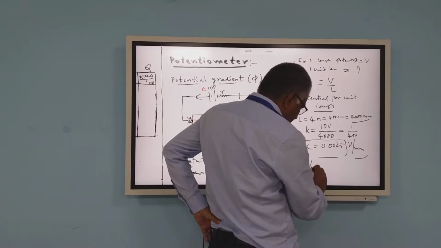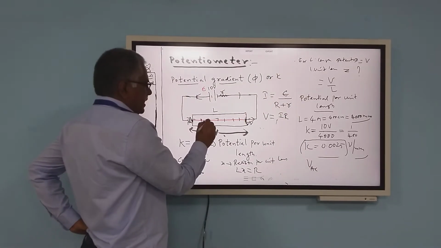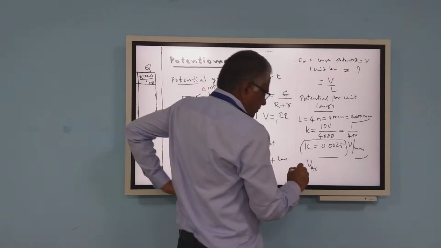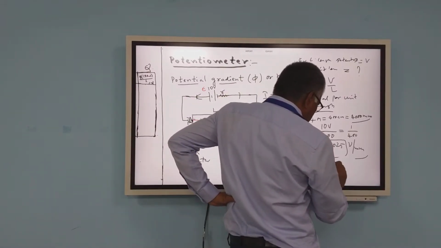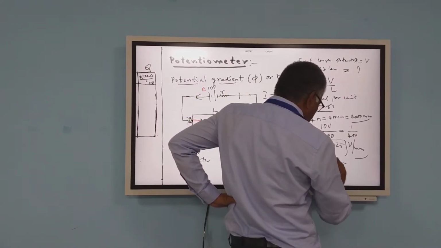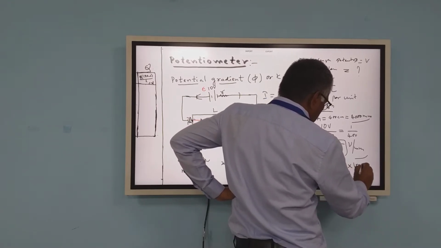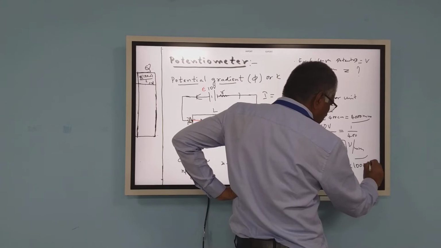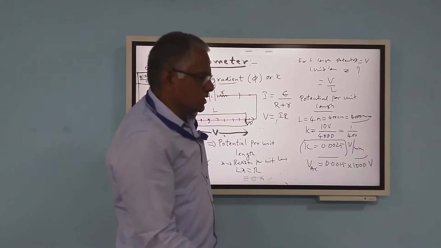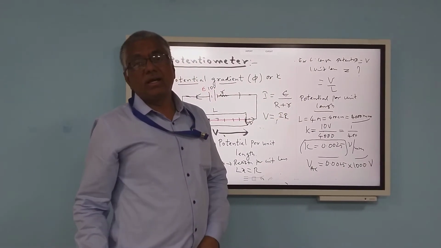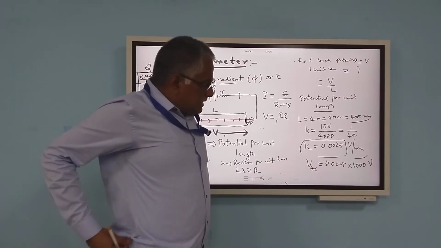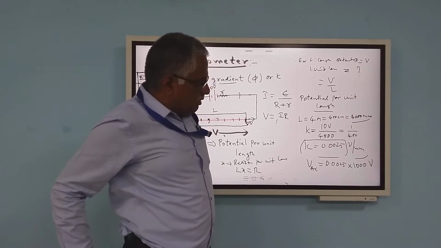The potential up to point C, V AC, is 0.0025 into 1000 millimeters. Millimeter cancels with millimeter, and volts will be left over.